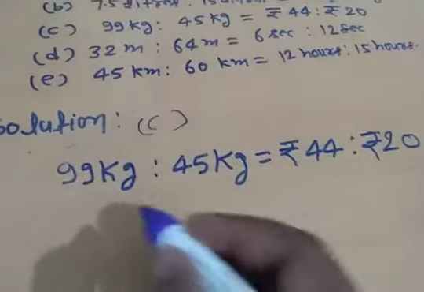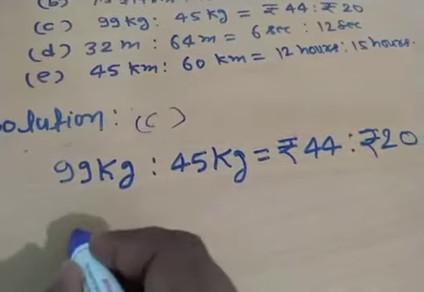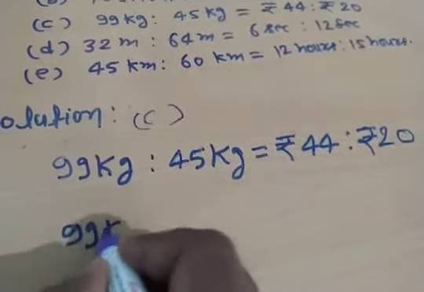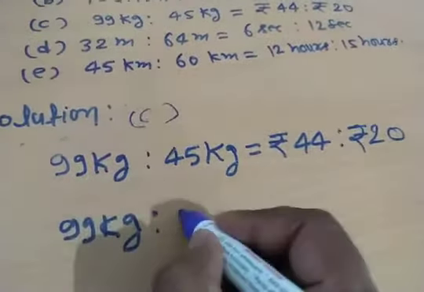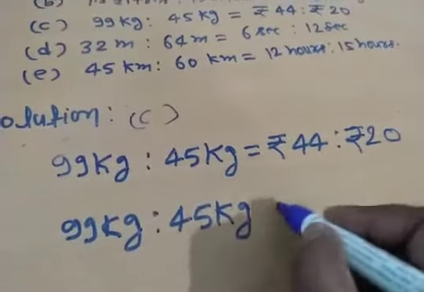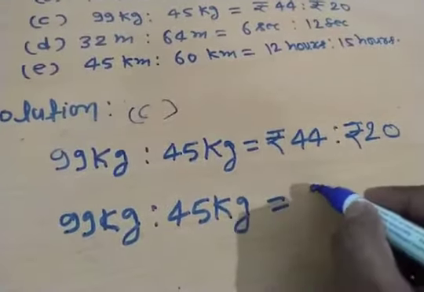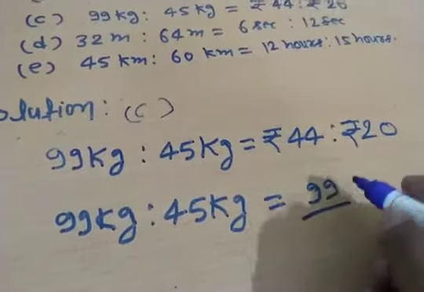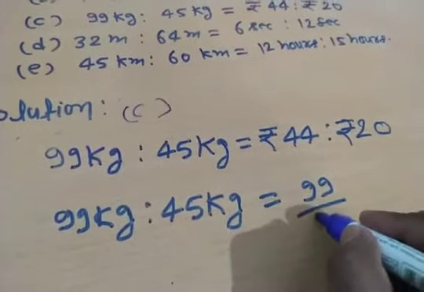So first write the left hand side, 99 kg ratio 45 kg, you can write 99 by 45.